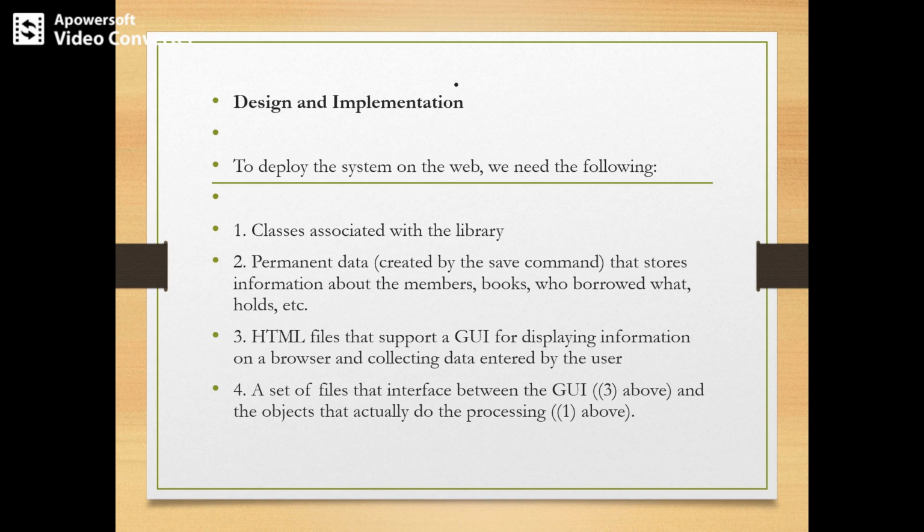The second thing is permanent data, created by the save command, because whenever we add data we save it. It stores information about members, books, who borrowed what, and who holds which book.